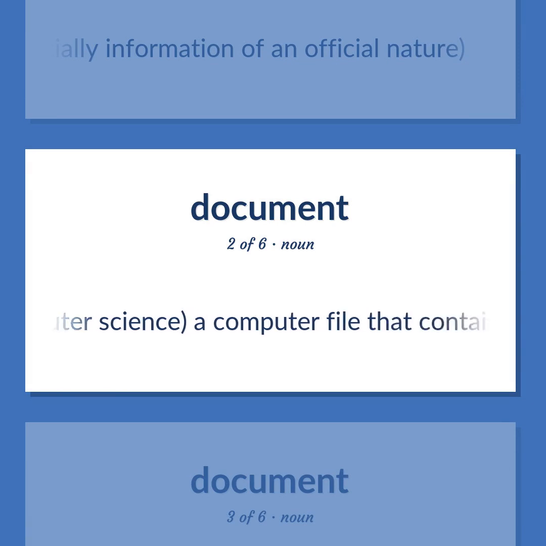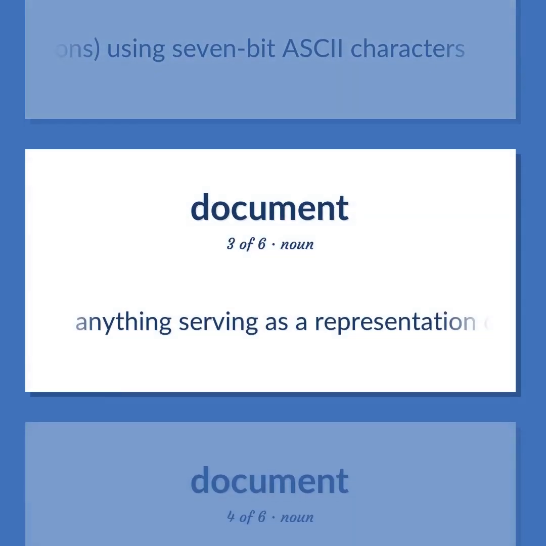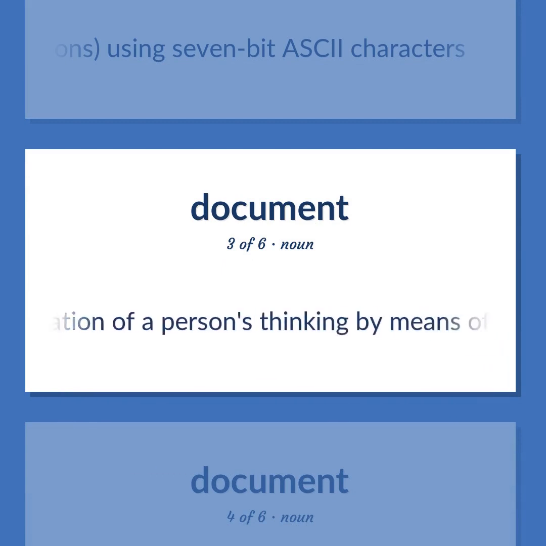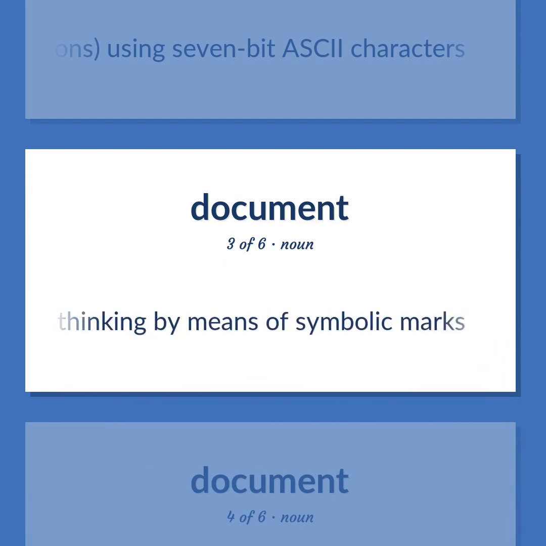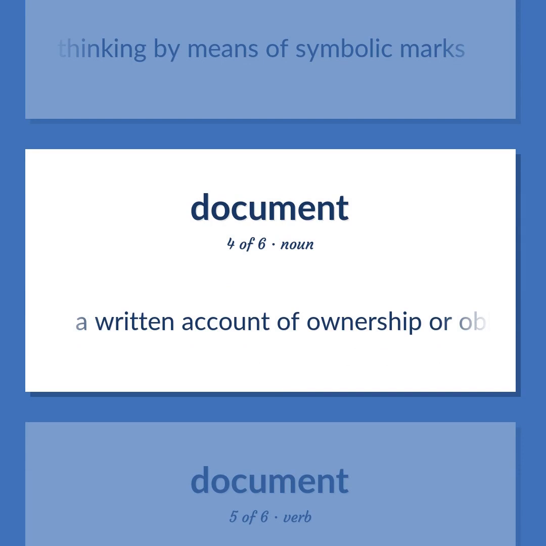Computer science. A computer file that contains text, and possibly formatting instructions, using 7-bit ASCII characters. Anything serving as a representation of a person's thinking by means of symbolic marks. A written account of ownership or obligation.